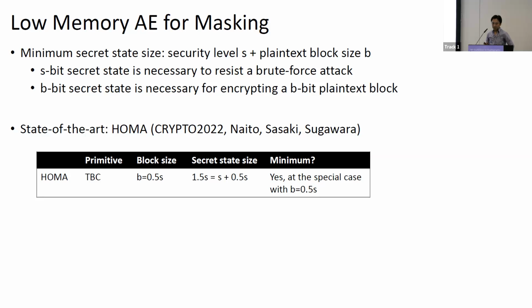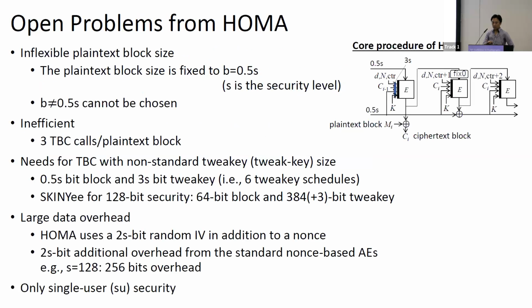So the secret state size is minimal, but as a special case with only this parameter. The inflexibility of the plaintext block size is a drawback of HOMA, as the block size cannot be chosen.